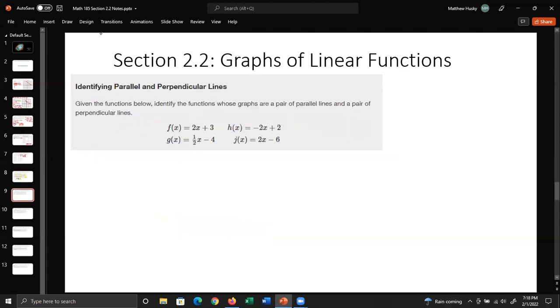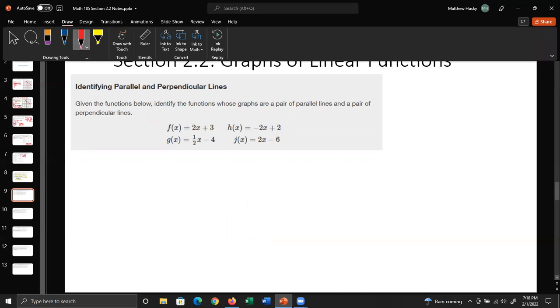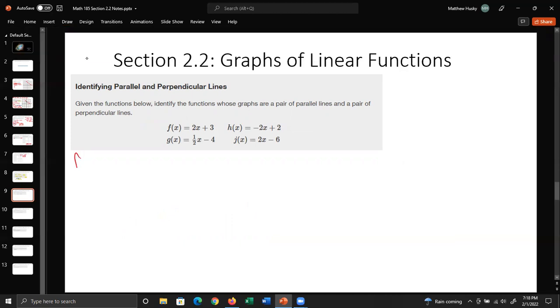So here they say, given the functions below, identify the functions whose graphs are a pair of parallel lines and a pair of perpendicular lines. So if we start with f of x, m is equal to 2.